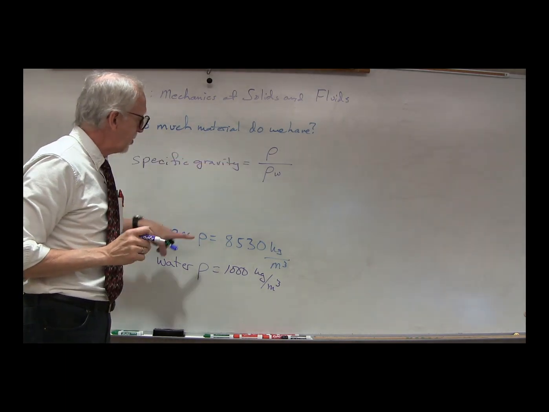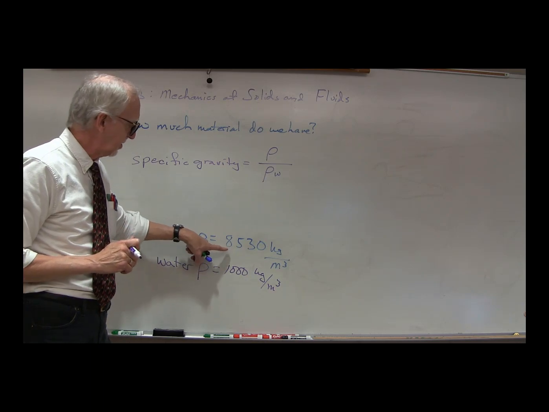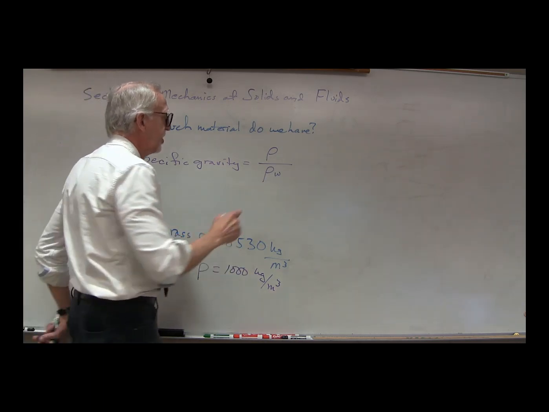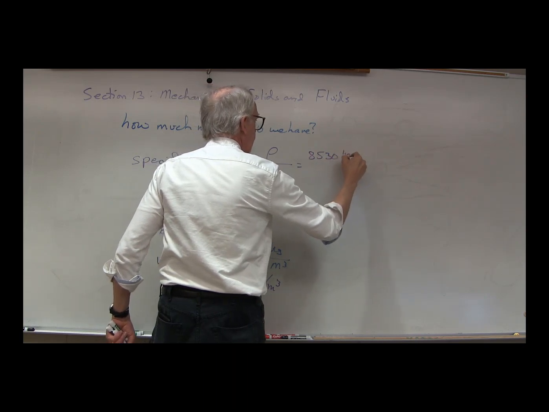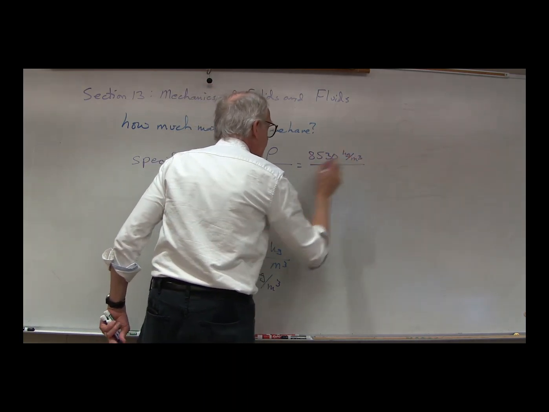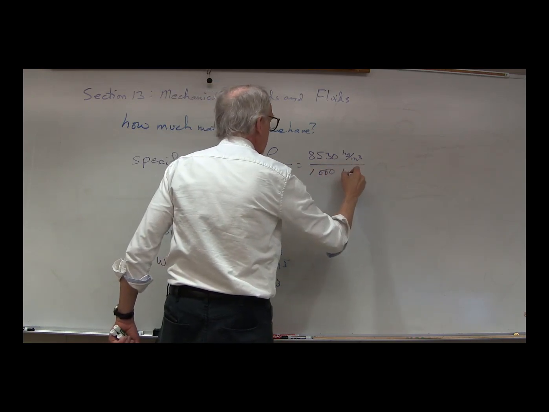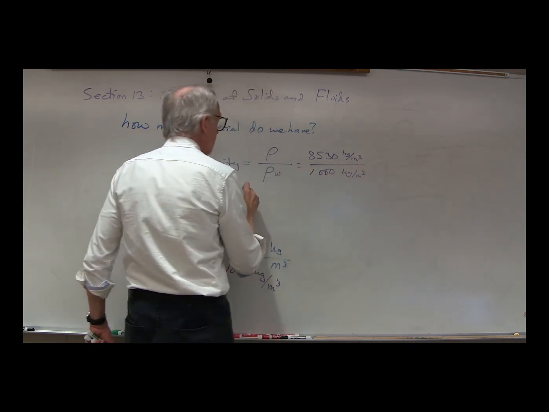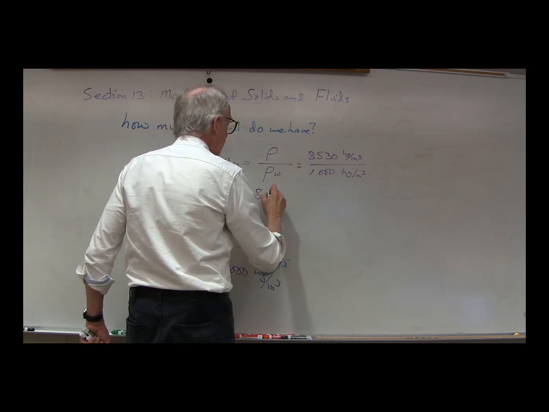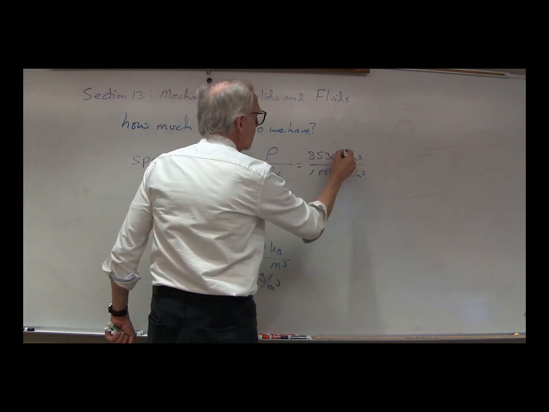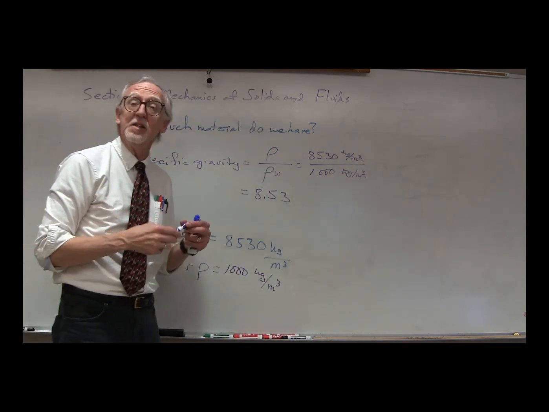So, for example, what would the specific gravity of this particular alloy of brass be? It would be 8,530 kilograms per cubic meter, divided by the density of water, which is 1,000 kilograms per cubic meter. In other words, 8,530 divided by 1,000, 8.53. The kilograms per cubic meter cancel, and we get a unitless quantity.